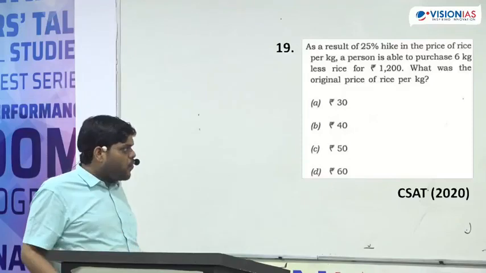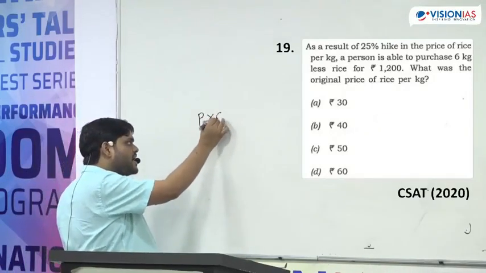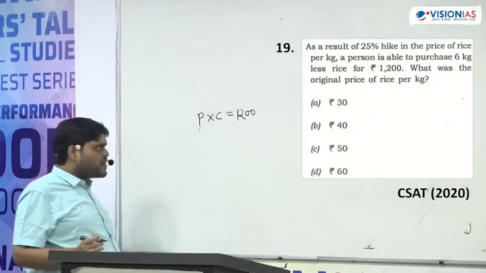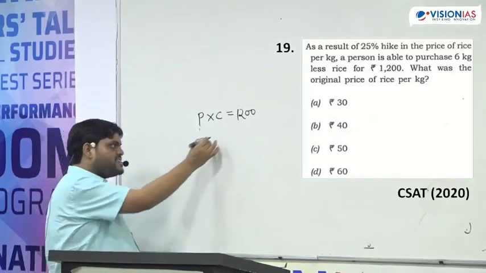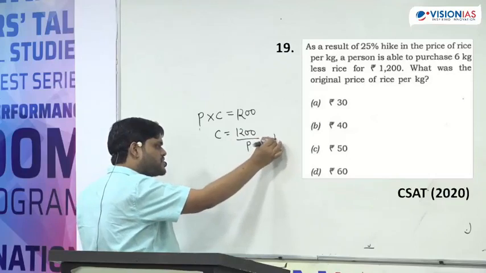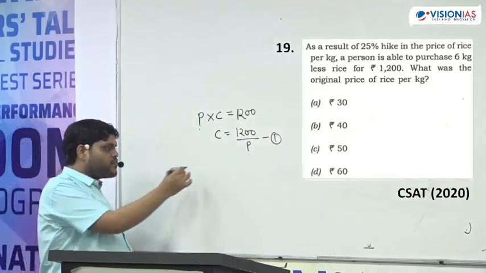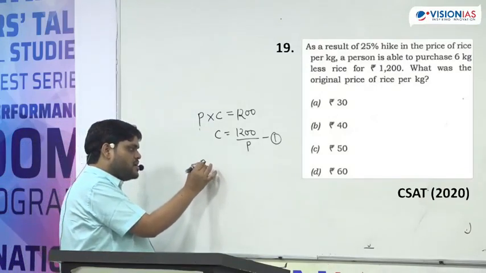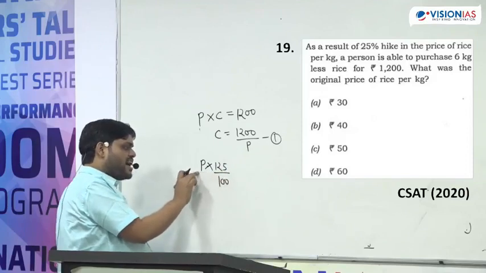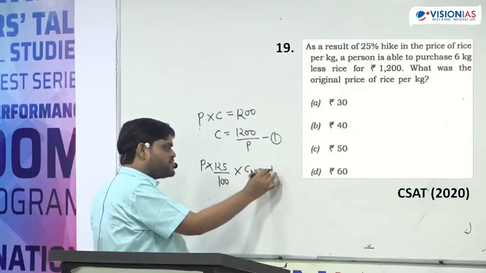Okay. What is the traditional method? Price into consumption is equal to expenditure, that is equal to 1200. So from here we can say consumption C is equal to 1200 upon P. This is the first equation. The second part is the price is increased by 25%. So when the price is increased by 25%, that means now the price becomes 125% and consumption becomes Cn.